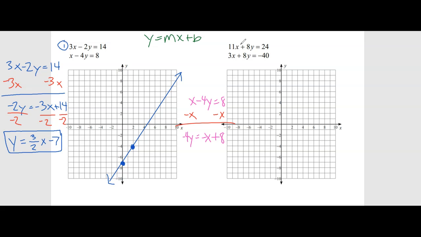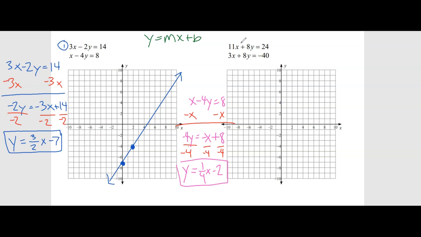I need to divide everything by negative 4. So this gives me plus y is equal to, so negative x is really like negative 1x. And then if I divide negative 1 by negative 4, I get positive 1/4 x minus 2. 8 divided by negative 4 is negative 2.